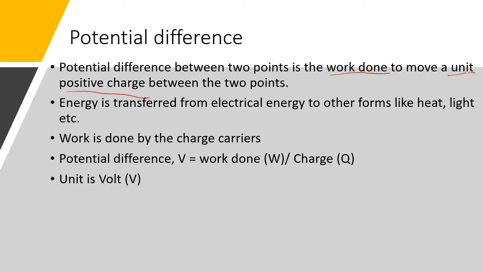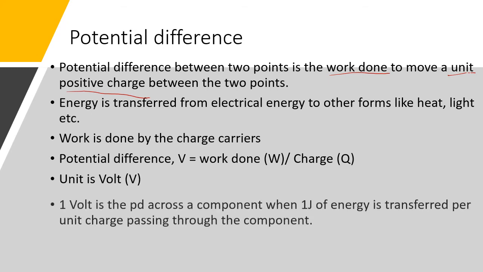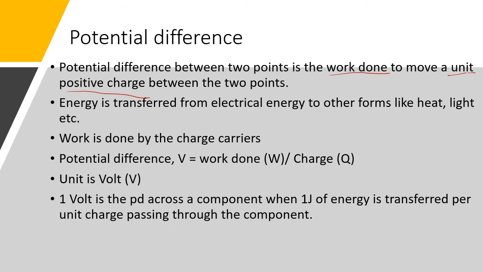Think about how you can express work done in base units, charge in base units, and figure out the final base unit for volts. Once back in lesson, I'm going to ask you what the base unit for volt is. And slightly different from your GCSEs, they can also ask you to define 1 volt.